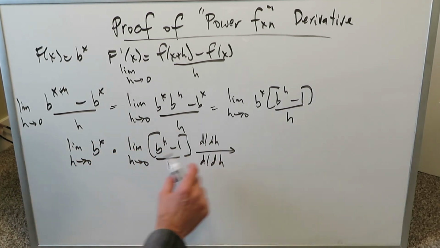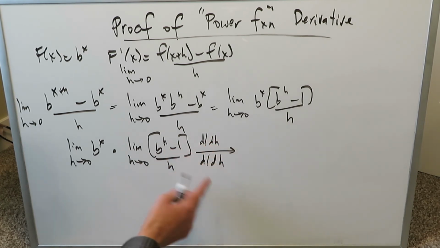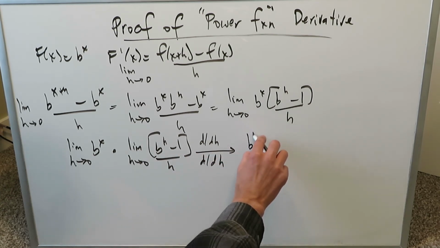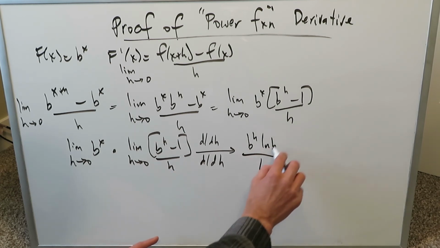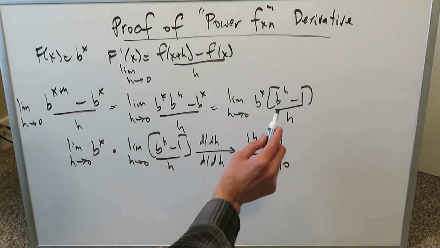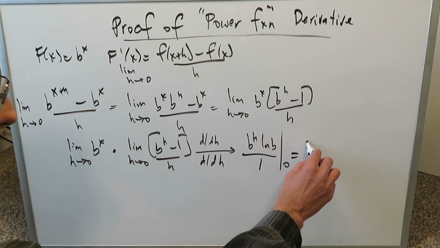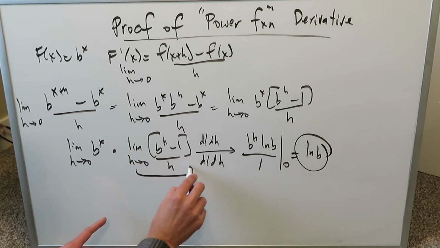We've evaluated that. In terms of L'Hopital's rule, the numerator derivative would become b to the h ln b, minus 1 is just a 0. The denominator will become a 1, and you can literally put 0 in place of h. When you put 0 in place of h, b to the h becomes a 1. You're only left with ln b. This is the end result of that part right there.